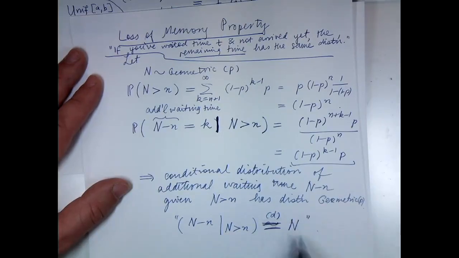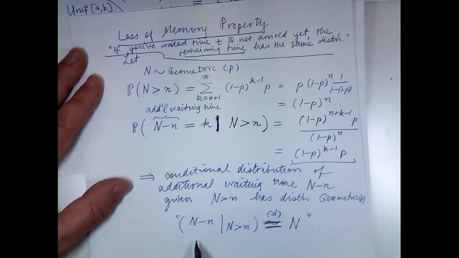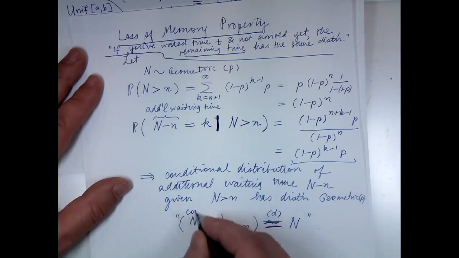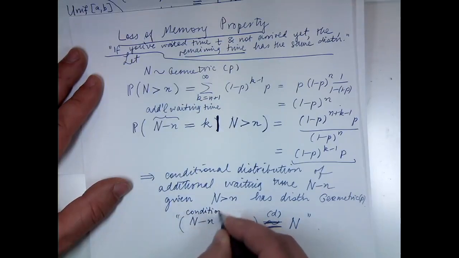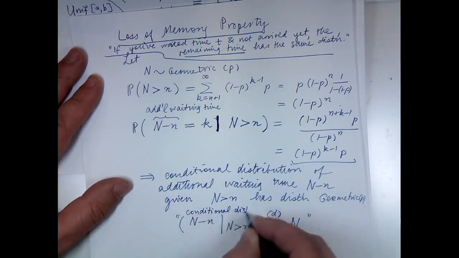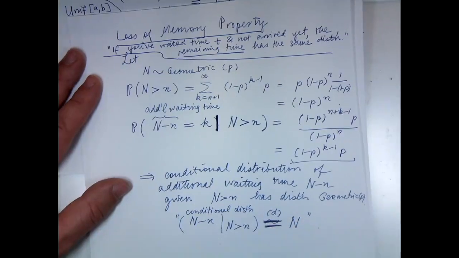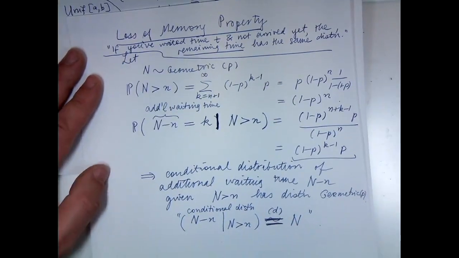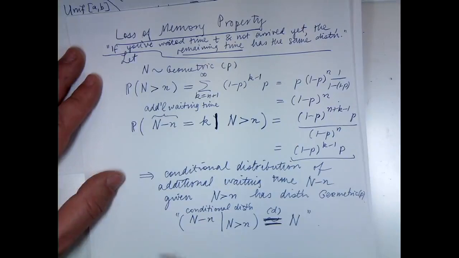So there's the distribution of the waiting time, and there's the distribution of the additional waiting time given that N is greater than n. This is a funny notation for the conditional distribution. And once again, equals with a d above it means that they're not the same random variable, of course, but they have the same distribution. Okay, so let's do this in the continuum now.